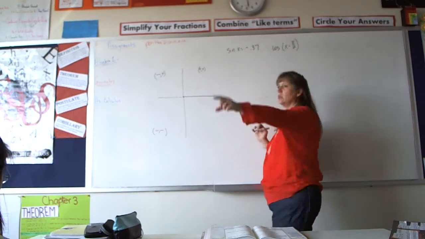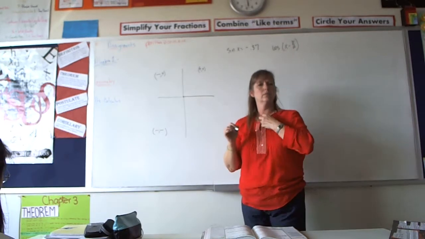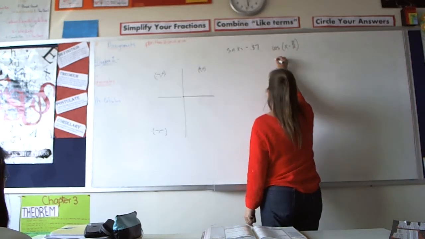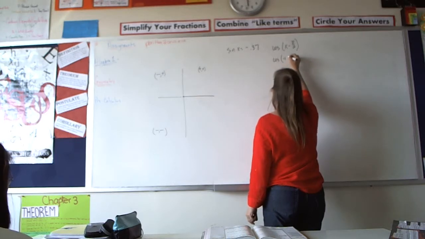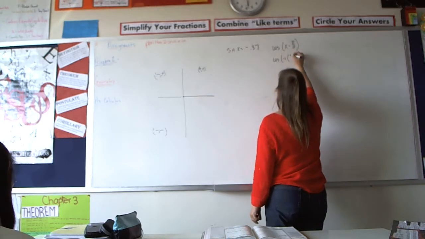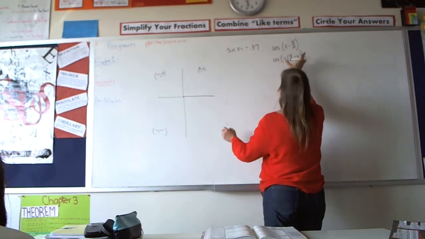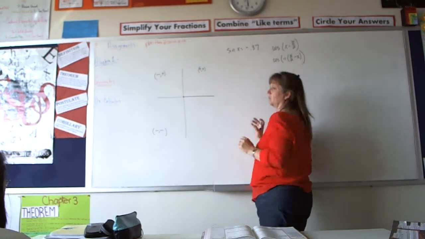First thing we're going to do is use which type of identities? Odd even. We're going to take the negative 1 out front. What's left in here? Pi over 2 minus x. Now what do we know about this related to this?